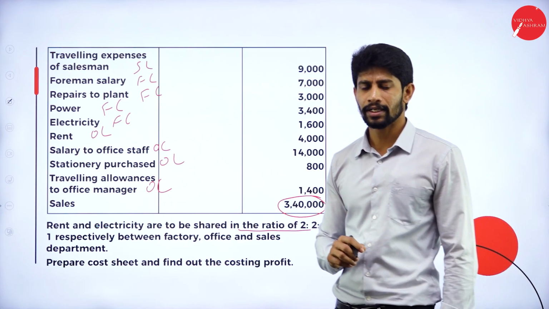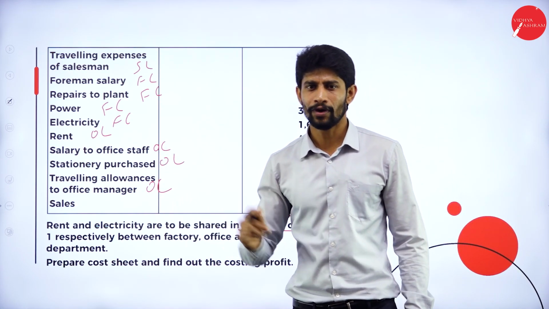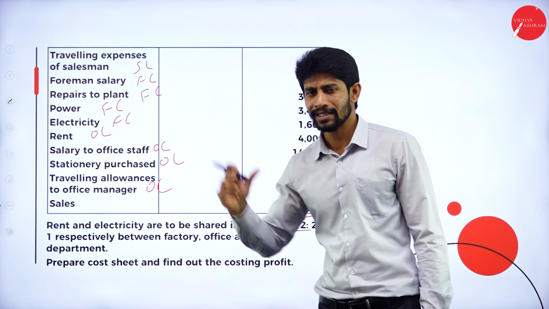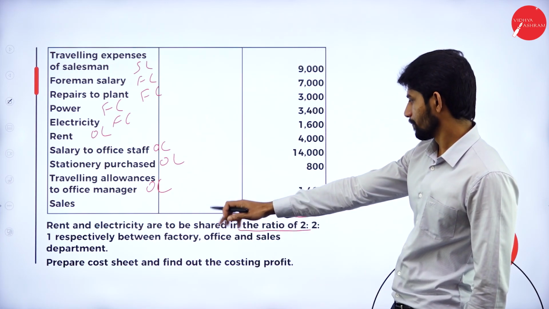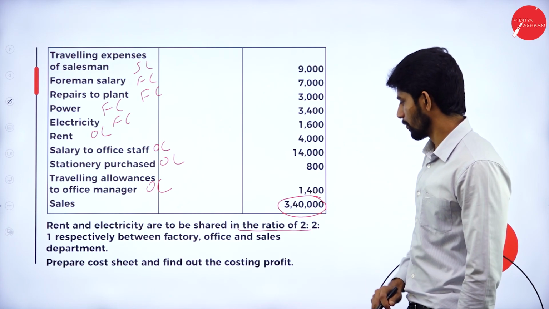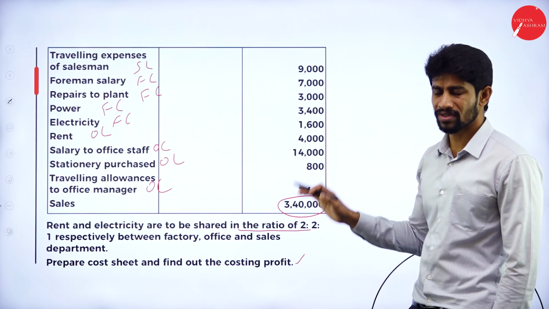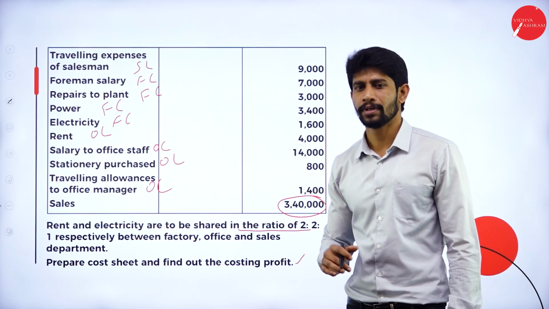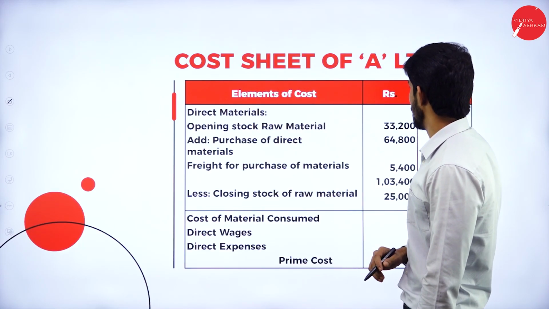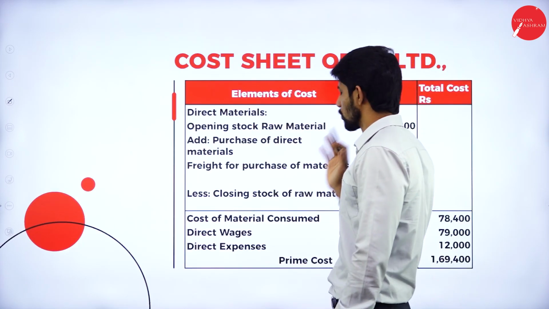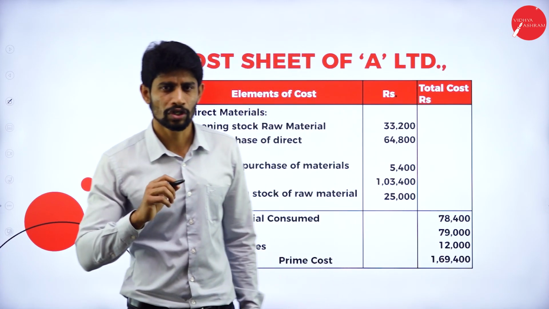That should be divided in the ratio of 2:2:1 for factory, office and selling overhead. And prepare cost sheet and find out the costing profit. So using this information, we are supposed to prepare the cost sheet. Cost sheet of A Limited. So elements of cost, rupees and total cost.